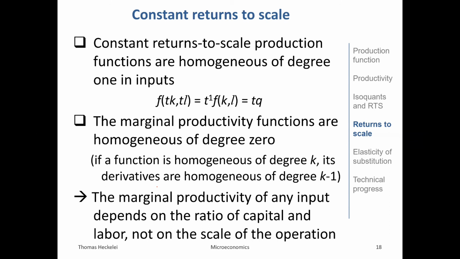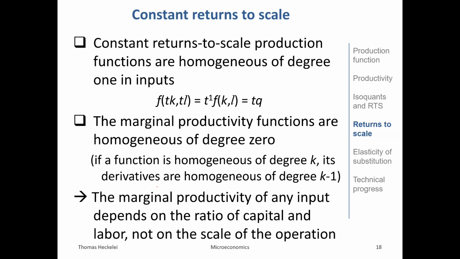So t times output in this case. As a principle, when a function is homogeneous of degree k, its derivatives are homogeneous of degree k minus 1. So in this case, the derivative of the production function is the marginal productivity, right? So these marginal productivity functions are homogeneous of degree 0.